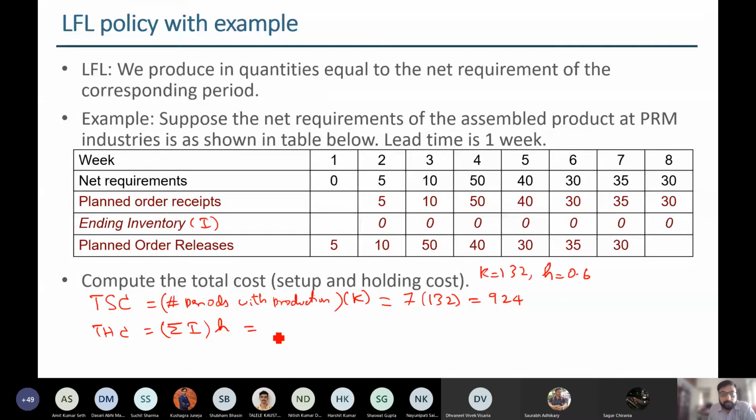Here the inventory is all 0, so total holding cost is 0. So our total cost is nothing but 924 plus 0, which is just 924. So this is the total cost if we follow the lot for lot policy in deciding our production plan.